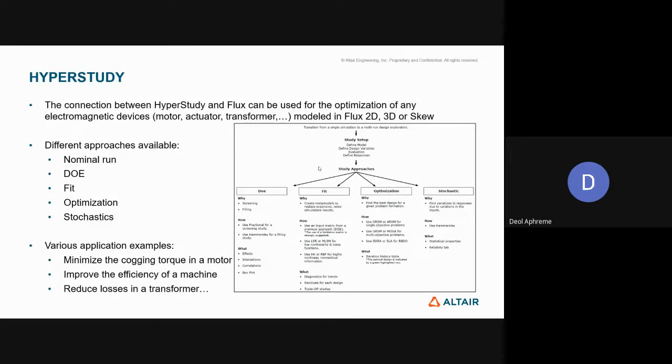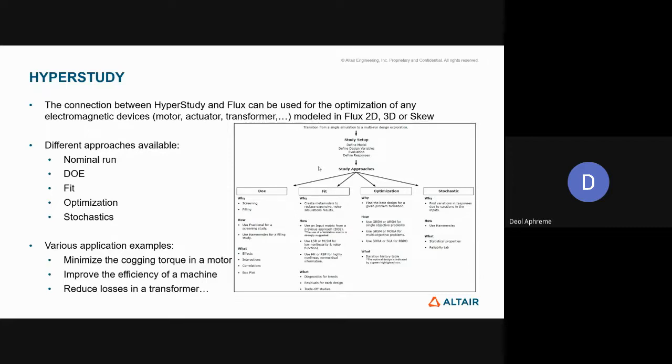Say for example, your motor's magnets are at 45 degrees, but you want it to be below 30 degrees. So you have the flexibility from 0 to 30 degrees, but you want the same performance as you would at 45 degrees. HyperStudy would run it for every step between 0 to 30 degrees and tell you at which point in the angle would be appropriate.